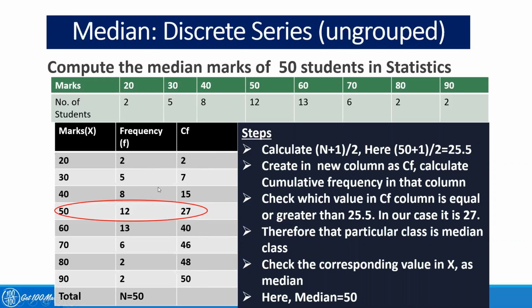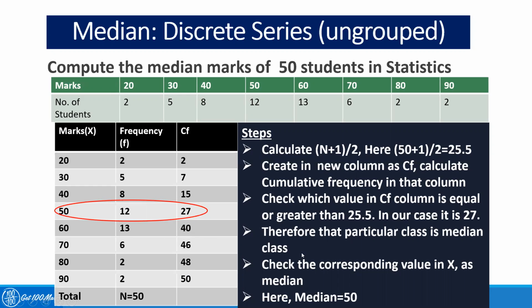Then 7 plus 8, the next CF will be 15. 15 plus 12, the next CF will be 27. Following the same procedure, 27 plus 13, which is 40, then 46, 48, 50. Ultimately, the last cumulative frequency will be nothing but your total frequency.